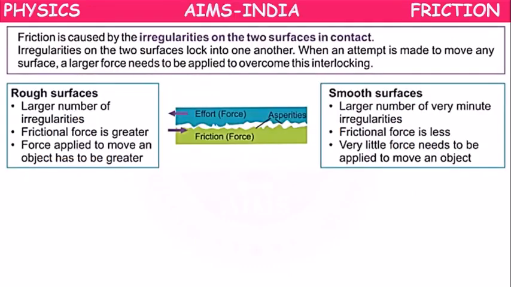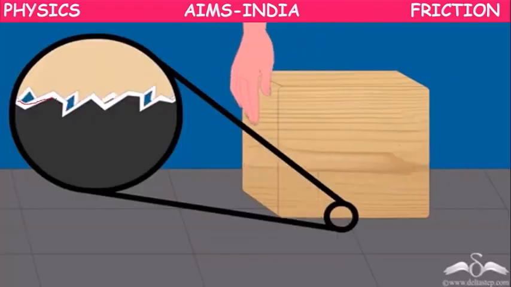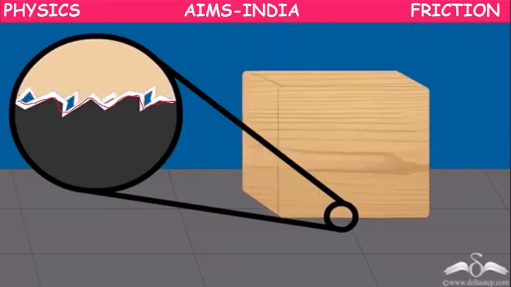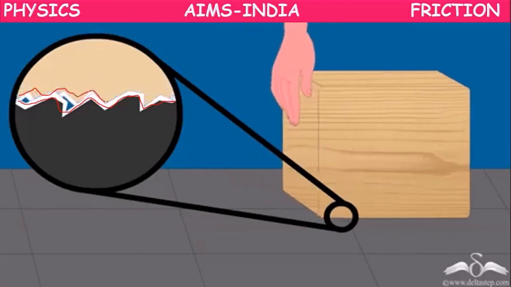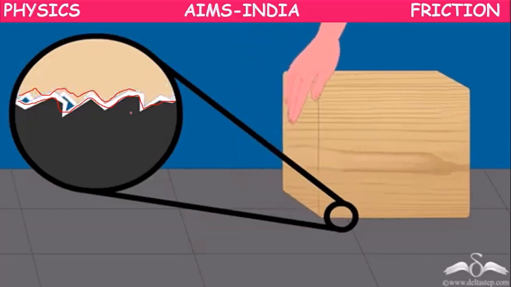So friction is caused by irregularities on the two surfaces in contact. These are the irregularities of the floor, and these blue ones are the irregularities of the block. The irregularities of the floor are different from the irregularities of the block.